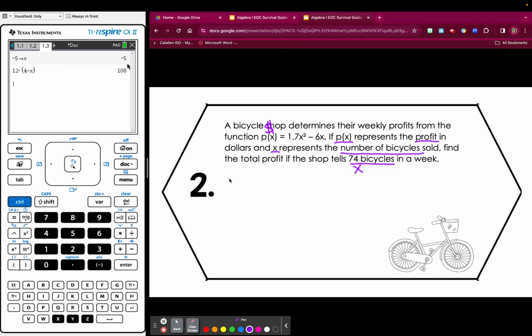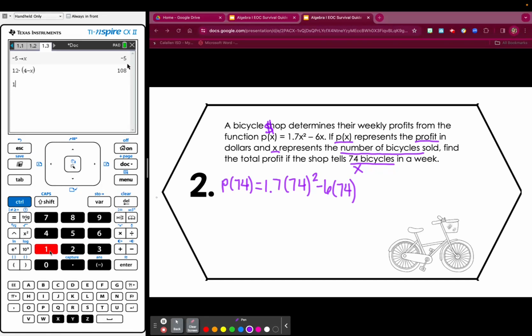So I'm going to start off by doing this algebraically. I have p of 74 equals 1.7 times 74 squared minus 6 times 74. Then all I have to do is type that into my calculator: 1.7 parentheses 74 squared minus 6 parentheses 74.